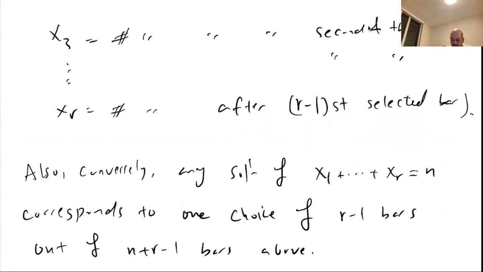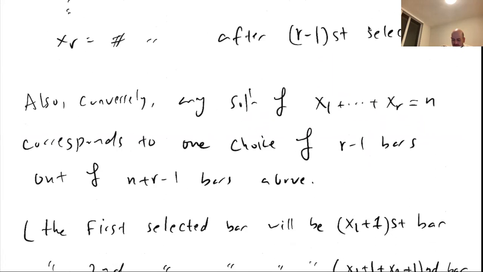Okay, so I'm going to explain this. I know it could be a little bit confusing. I'm going to explain this with a simple example just to make the idea clear. So we showed that any solution of this corresponds to one choice of r minus 1 bars out of n plus r minus 1 bars.